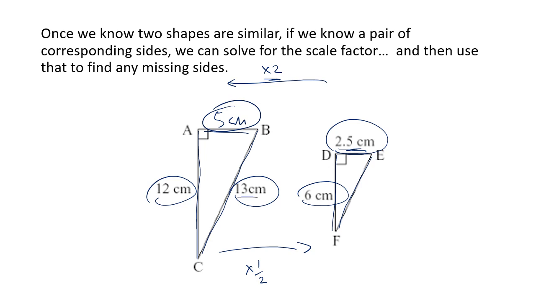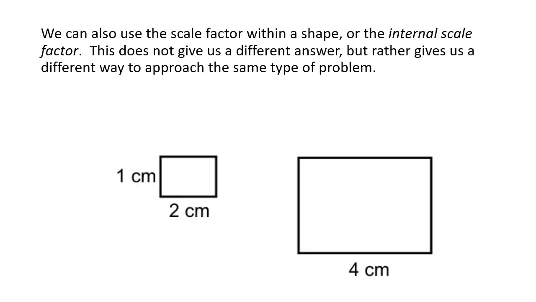I've got this 13 centimeters. I know the scale factor going to the small triangle is 1/2, so I know that this side is 6.5. So I can use the fact that we have similarity, and I know the scale factor, and I know where the corresponding sides are, I can find missing side lengths. This is a really common problem to solve in similarity.